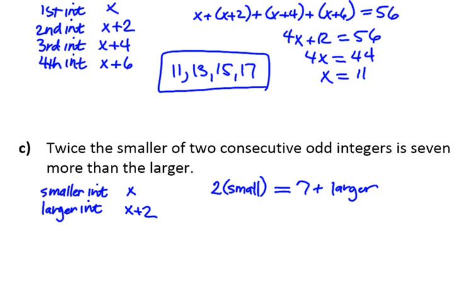The small one is represented by x, so 2x is equal to 7 plus the larger one, represented by x plus 2. So simplify, I'm going to subtract my x, and I get x is equal to 7 plus 2, which is 9. So my 2 numbers will be 9 and 11.